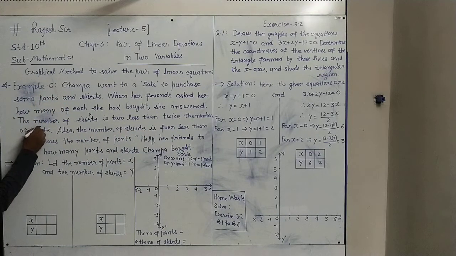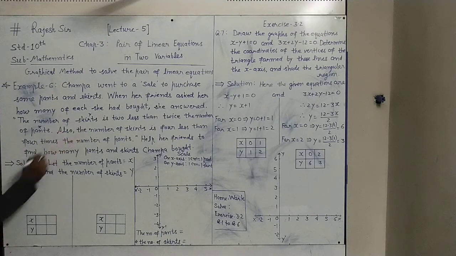So the first equation from the first statement is: y is 2 less, means minus 2, than twice the number of pants, twice x, means 2x. So y = 2x - 2. The number of skirts is 2 less than twice the number of pants, as given in the first statement.